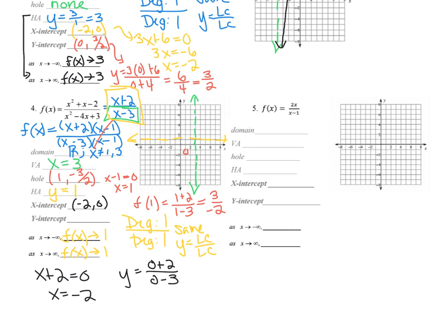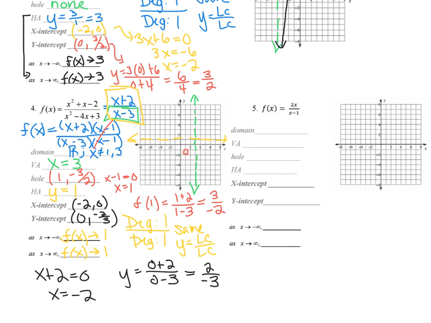Other than at the very beginning and for domain, you only use the simplified equation. It's worth noting that. So don't use x squared plus x minus 2 over x squared minus 4x plus 3 to plug in those zeros. Only use the simplified equation. So we simplify it, we get 2 over negative 3 is our y value, so our y-intercept is negative 2/3 for the y, and then 0 always for the x.